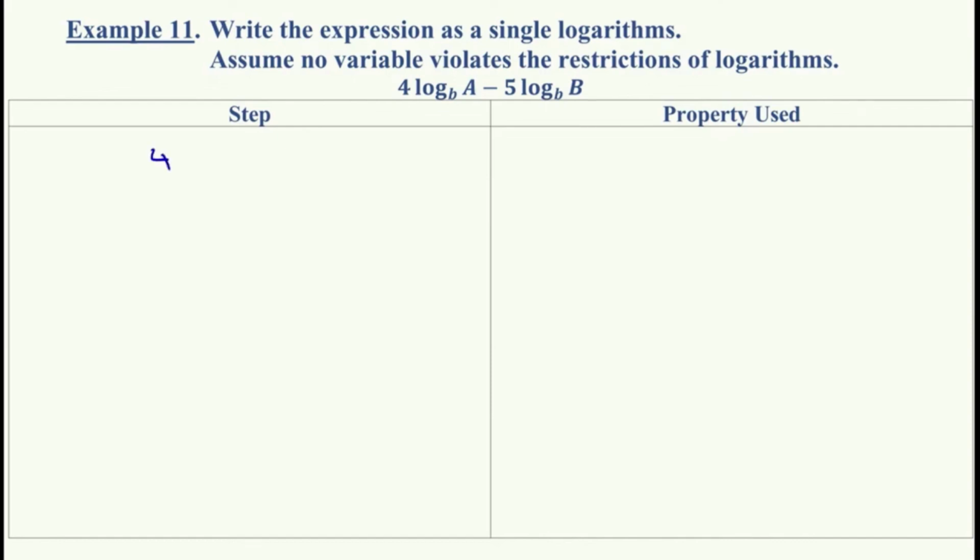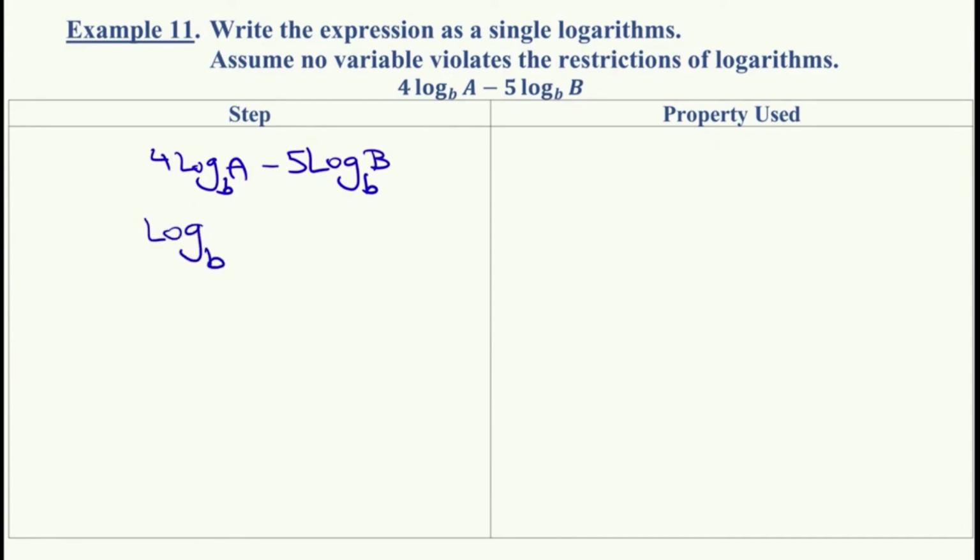So we'll start with 4 log base b of a minus 5 log base b of b. So obviously, if I'm going to try to get these into just one logarithm as a format, first I should go ahead and get rid of the 4 and the 5 and take them and make them powers using the power rule.